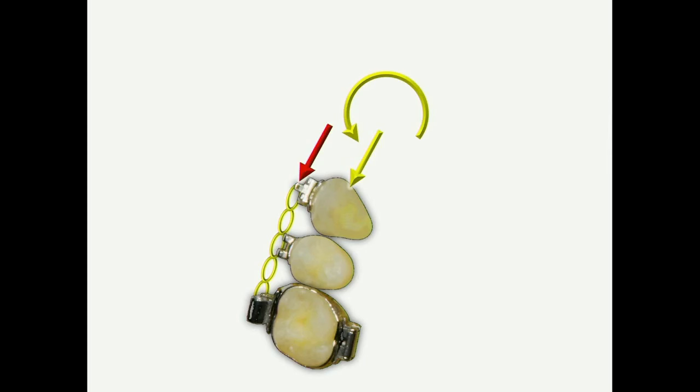The yellow arrows are the equivalent force system at the center of resistance of the canine. The force and the moment are both acting in desirable direction and there are no adverse side effects. This is called consistent force system.